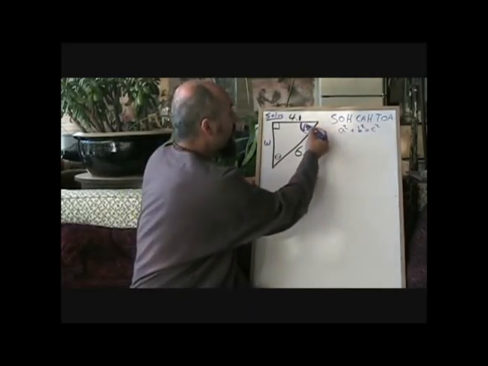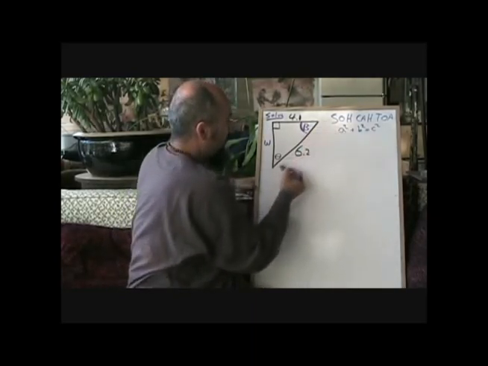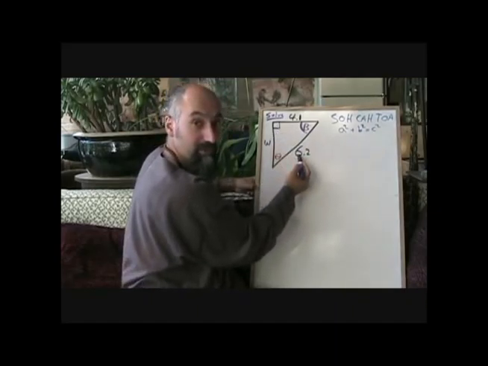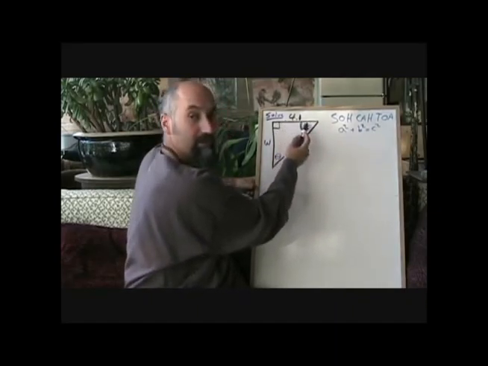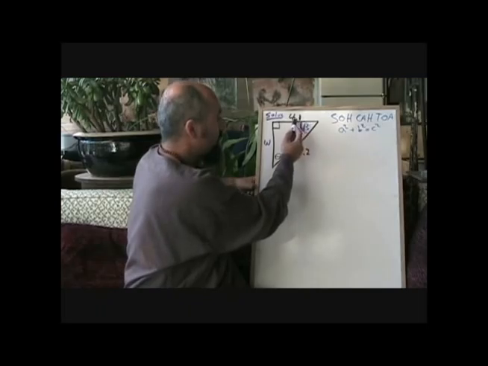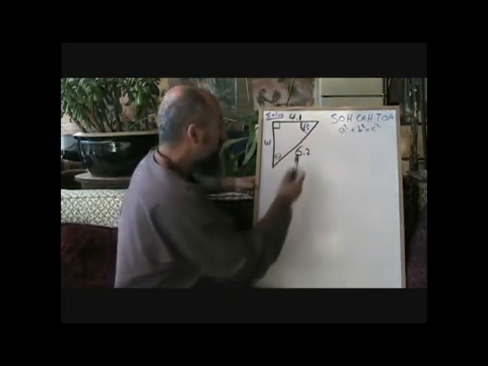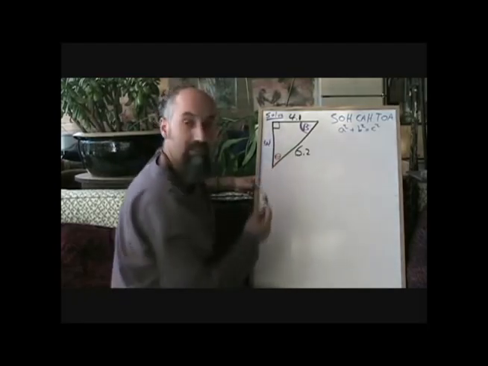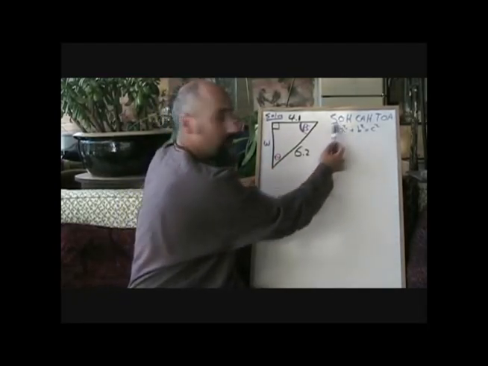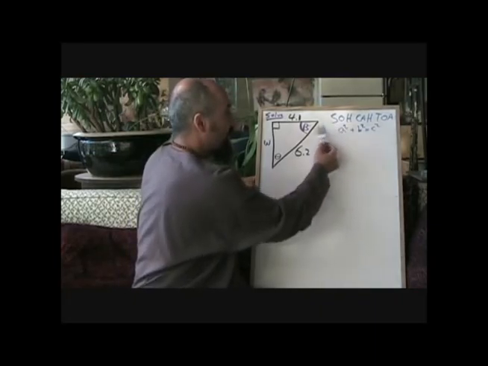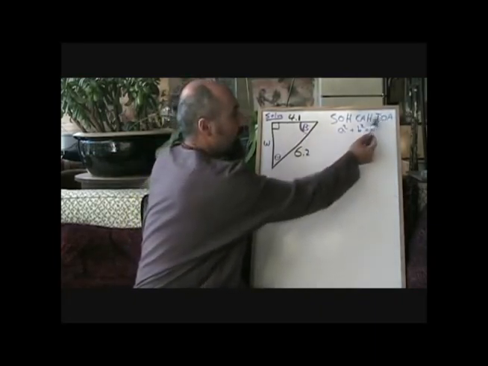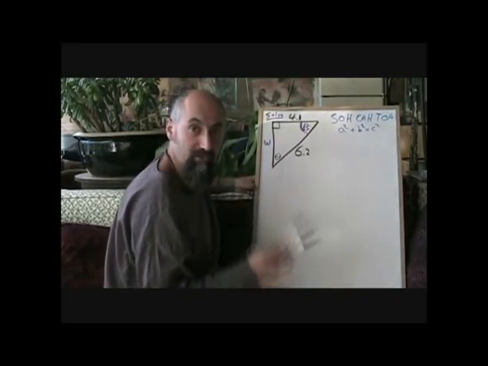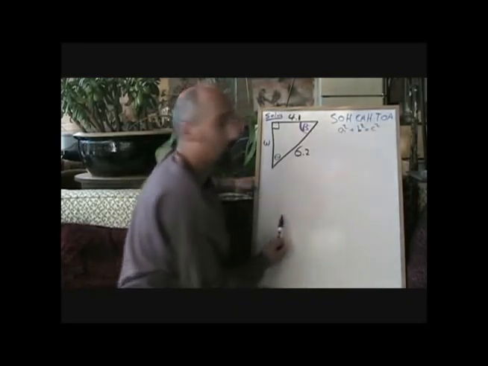If you're sitting at beta, you have the hypotenuse, which is across from 90 degrees, and you have the adjacent, which is 4.1. Those are the only two sides you have, and you're missing the opposite. So you can't use sine because sine has an opposite of an angle, and you can't use tan because tan has the opposite. So you're limited to using the cosine.